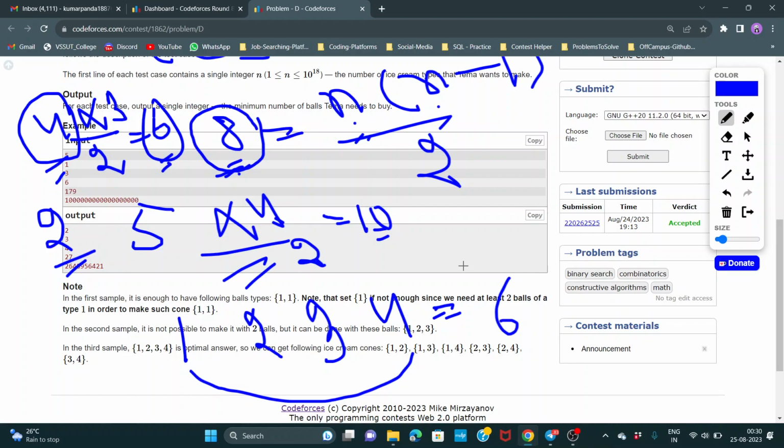I mean it can be the same as any one of the existing balls. The flavor of the upcoming ball should be the same as any one of the existing balls.